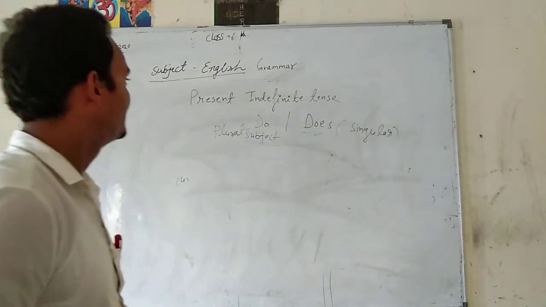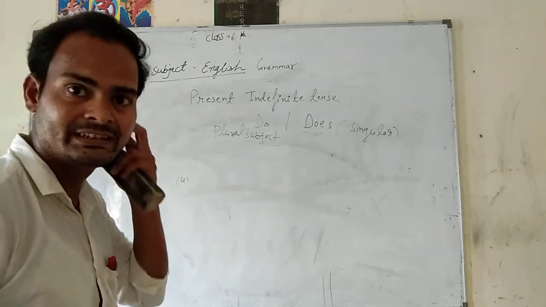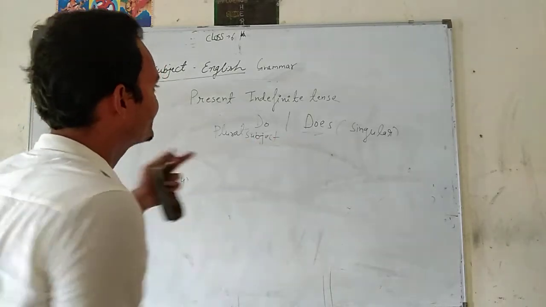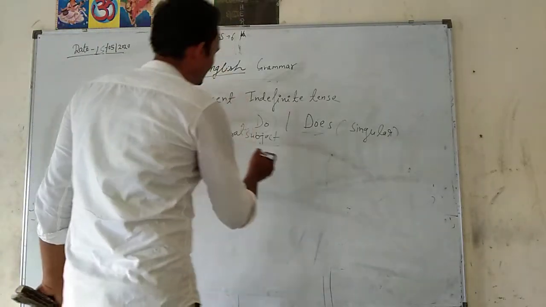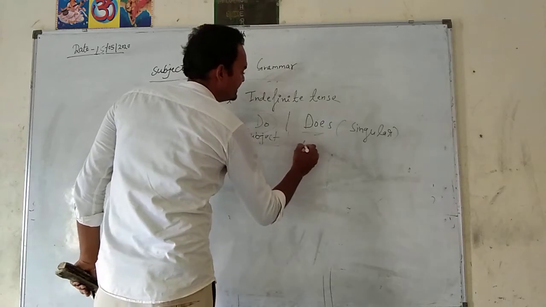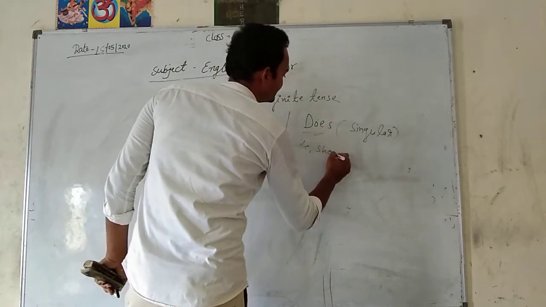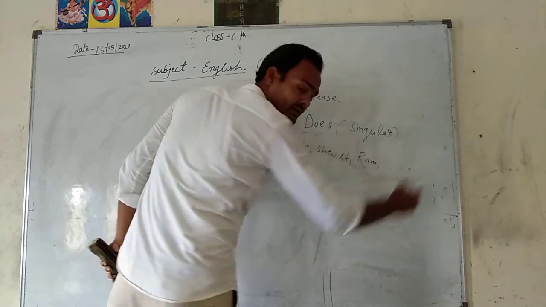So the first difference: does is used with a singular subject, and do is used with a plural subject. In singular we have he, she, it, Ram, Syam, etc.